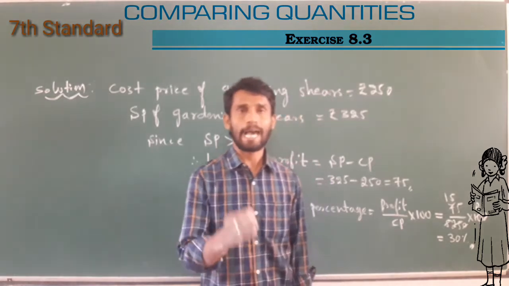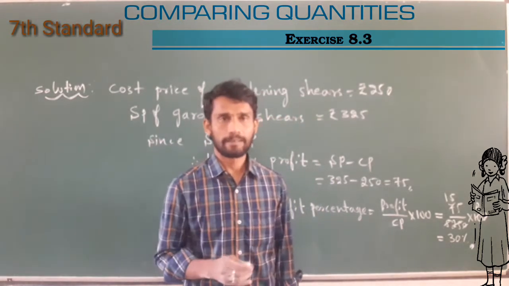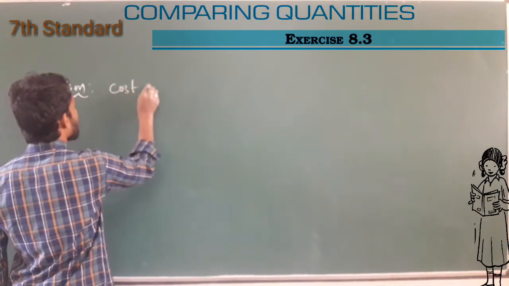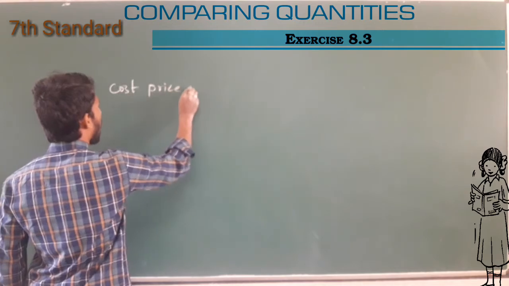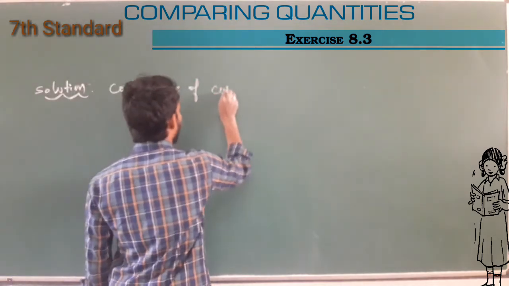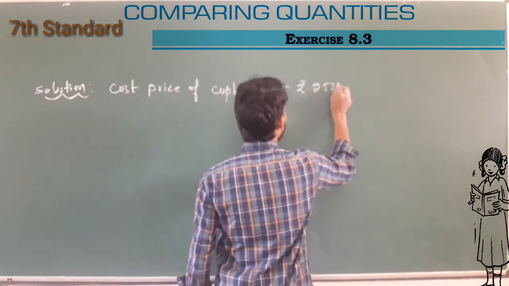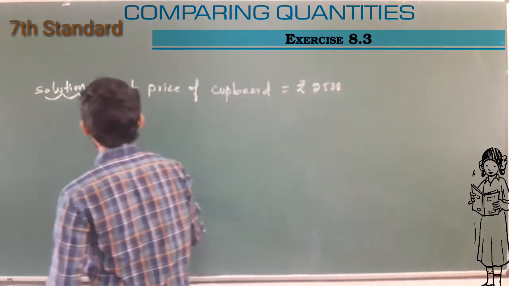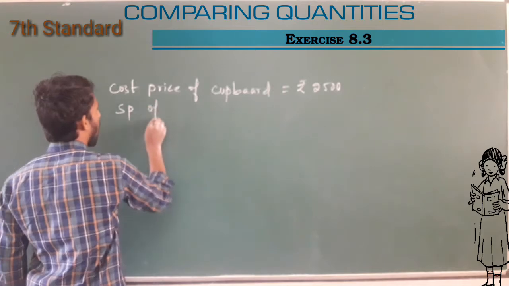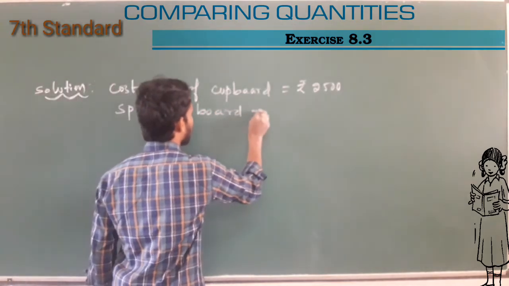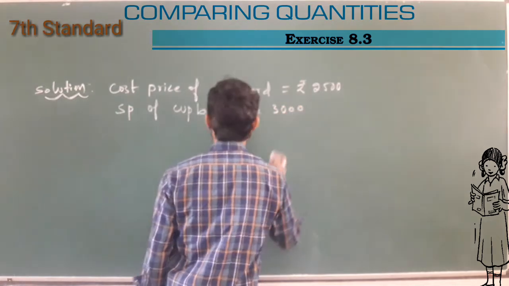Okay, dear student. Next, I am taking the third one. Cost price of cupboard is 2,500 rupees. Selling price of cupboard is 3,000 rupees.